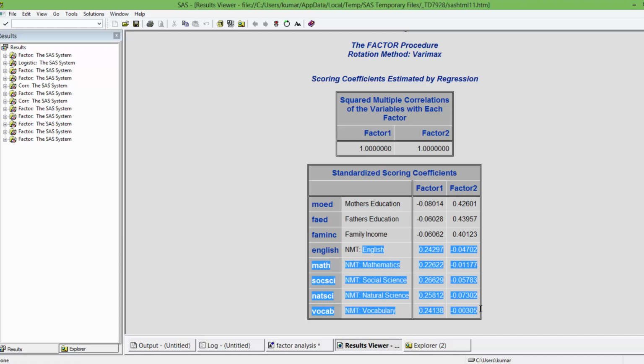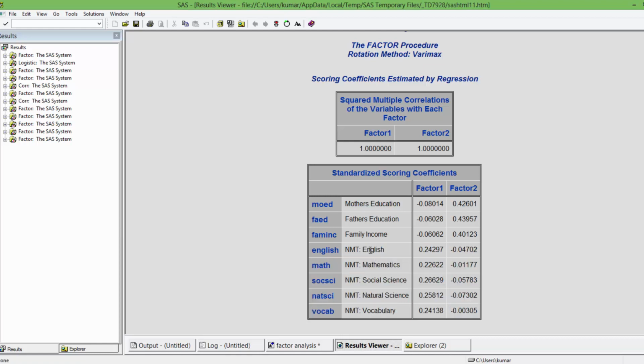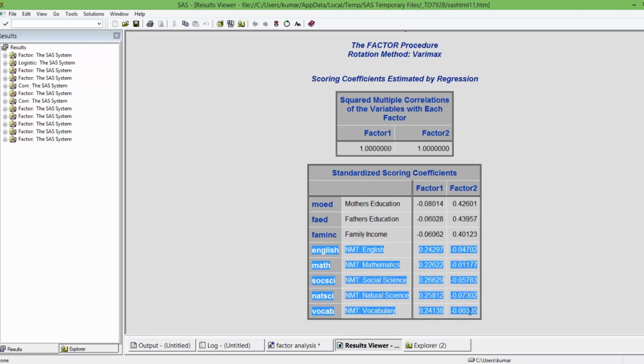Of course, we can make it two separate factors. I tried with three factors, thinking maybe we can have a factor for quantitative scores and then verbal scores, but they have been clubbed together in factor 2. So we can call it verbal and quantitative ability of the student.